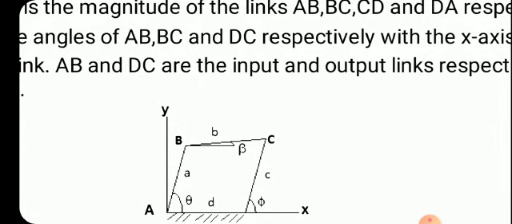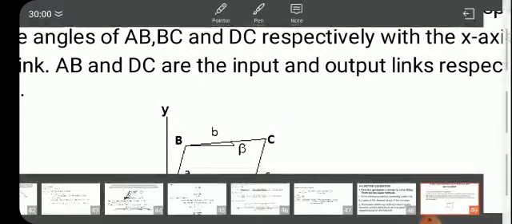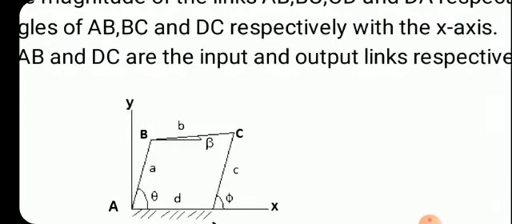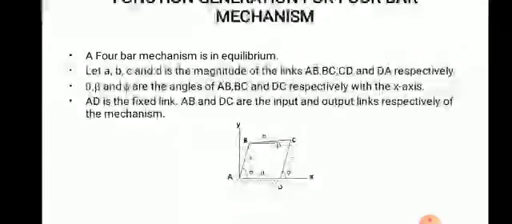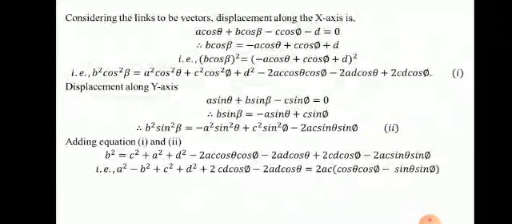With respect to the fixed link, this comes to 0, giving the equation A cos theta plus B cos beta minus C cos phi minus D is equal to 0.